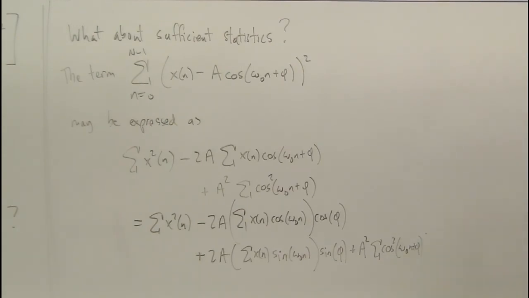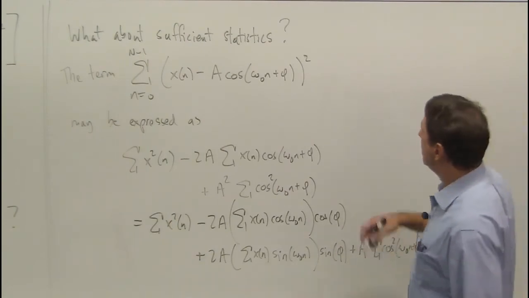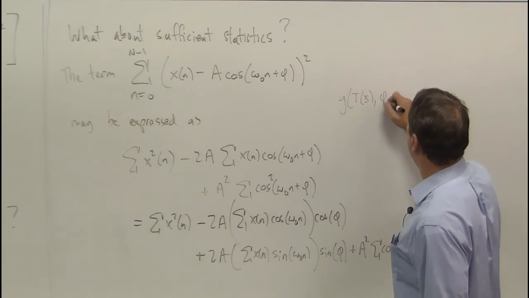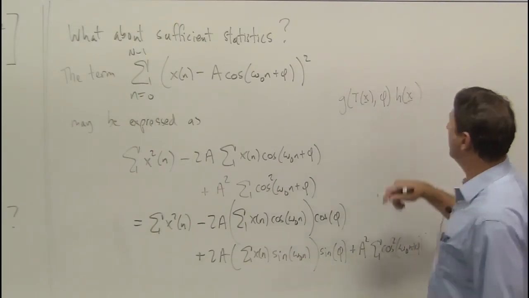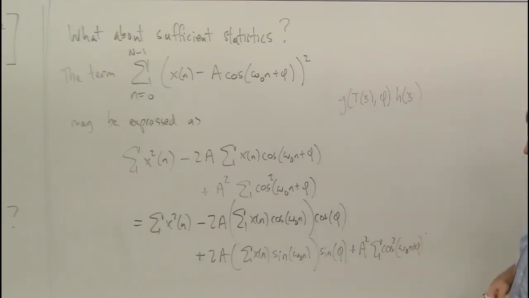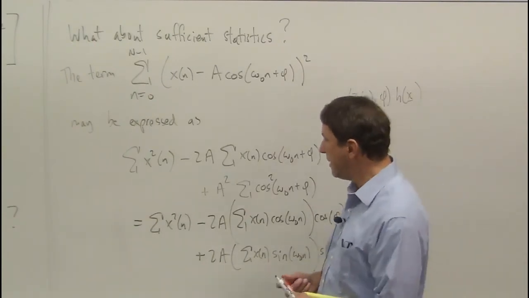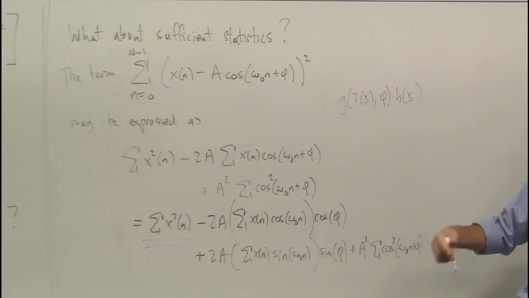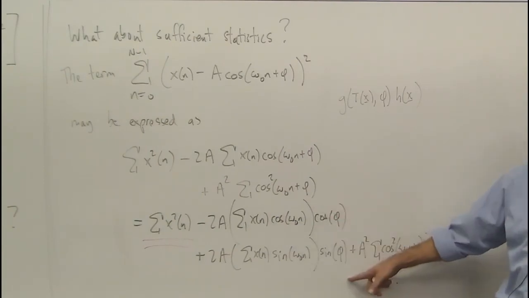Okay, so in the factorization of the PDF in terms of a g of t of x, phi and an h of x term, this will go into the h of x term, and it comes out as a factor because this is in the argument of the exponential function.